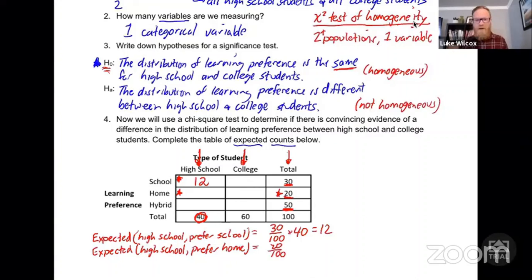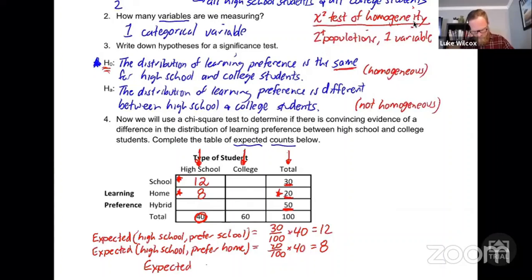And so now I want 20% of my sample of 40 high school students. So I do 20% of 40, and I'm going to get a value of 8. So we have 8 expected high school students who say they prefer home. Now, I'm hoping that we can actually generalize to a formula here for calculating the expected counts. So let's put this formula down here.